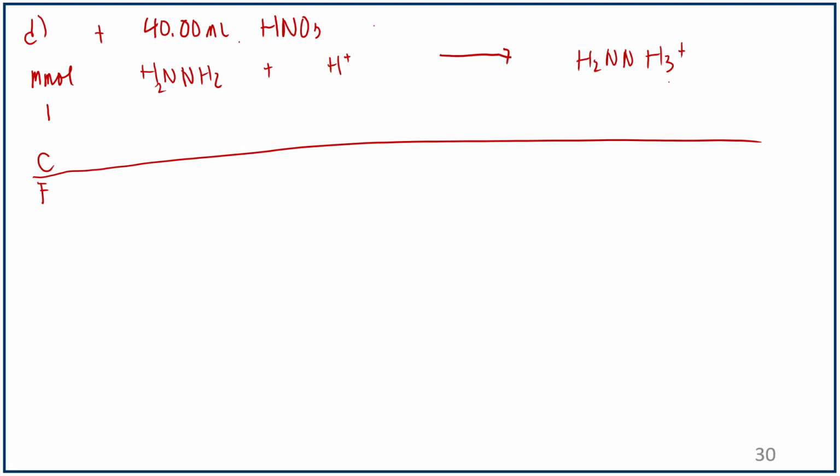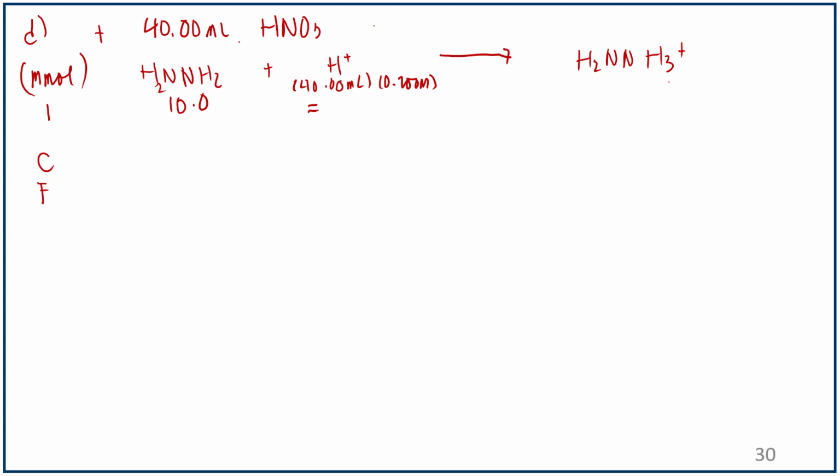Okay, so this is once again 10.0 millimoles, and then for the millimoles of the protons, we have 40.00 ml times 0.200 molar, which is just going to give you 8.0 millimoles.